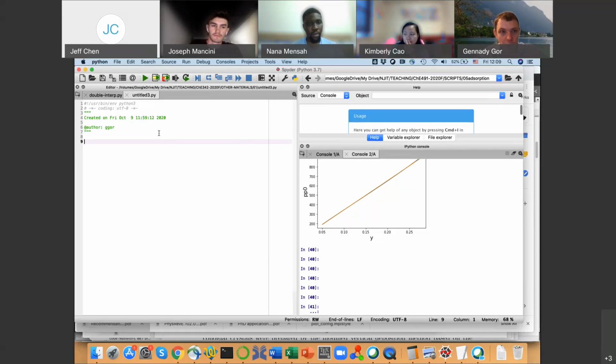We're not going to go into these details, but the version which I have for Mac will work for Mac or Linux, but probably for Windows, it will give you troubles. So download this file, put it in the directory where your scripts are, and we're going to use it as an example for plotting. And let me start.